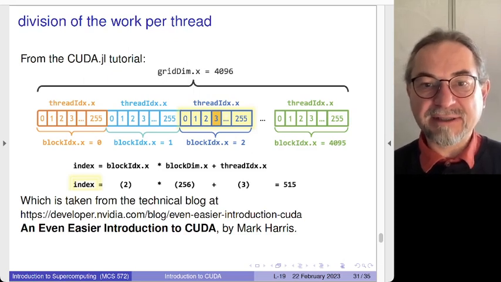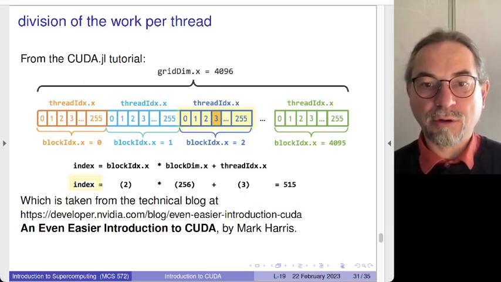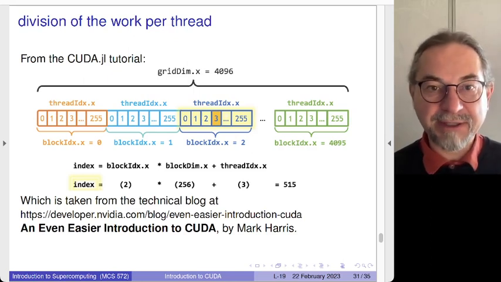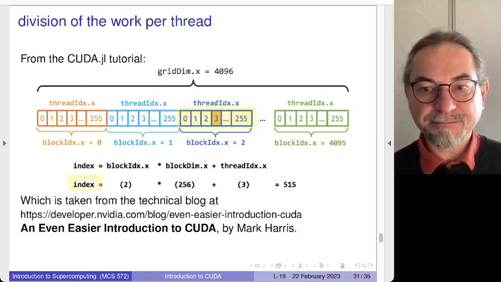So that means that in that block, the thread with identification number 3 will work on number 515. That's again the template on how threads are mapped to data.